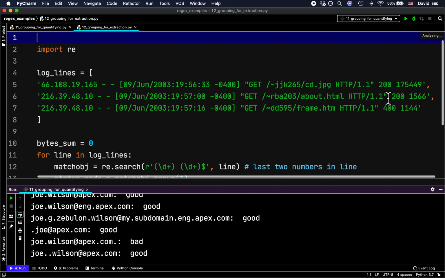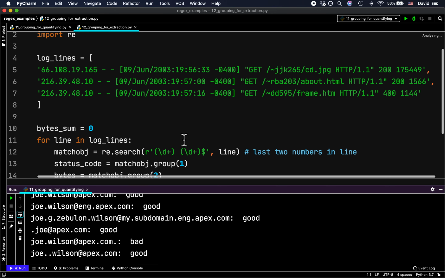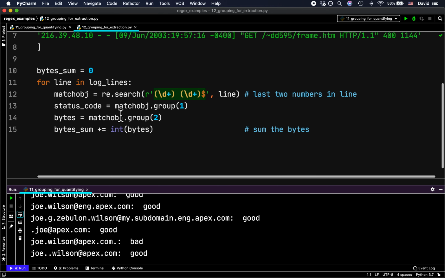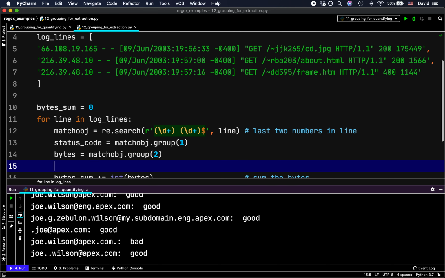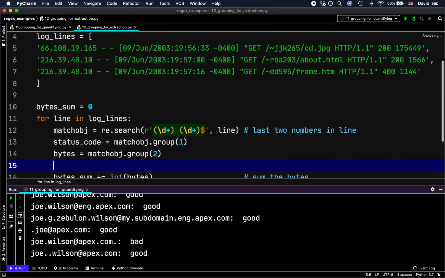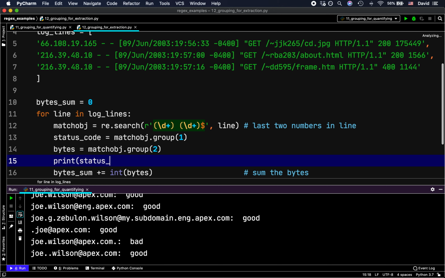And you can see that I've got 200, 200, 400, 17, 15, 11. What I'm doing is I'm looping through each row, each line in the log lines. I am matching on the status code and the bytes at the end of the line. And I am using group 1 and group 2 to extract those values.